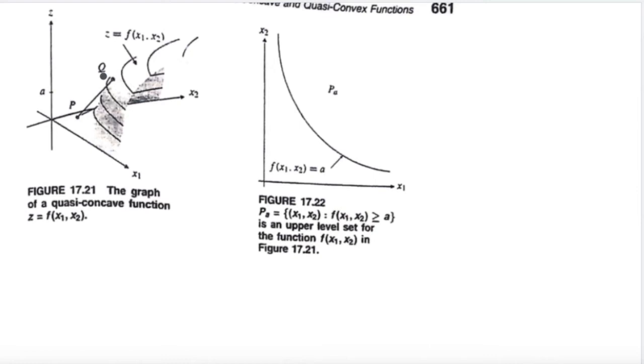But if you plot the level curves of this function, which are demonstrated here on the right side, you will notice that for a given value a, this will be the level curve, and f of x1, x2 equal to a or greater than a will comprise these points.